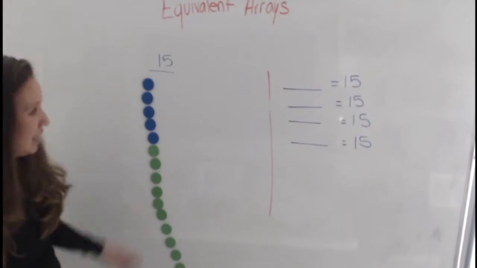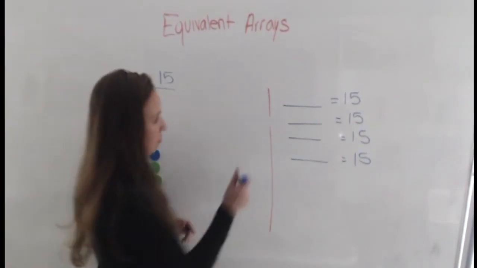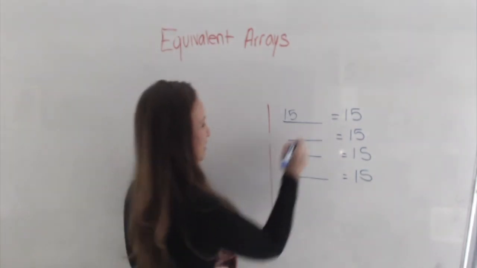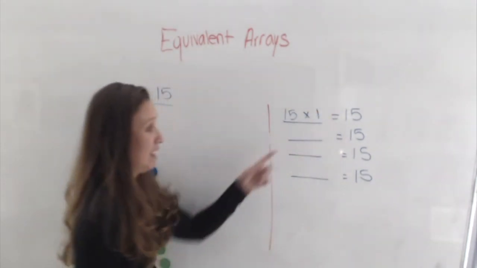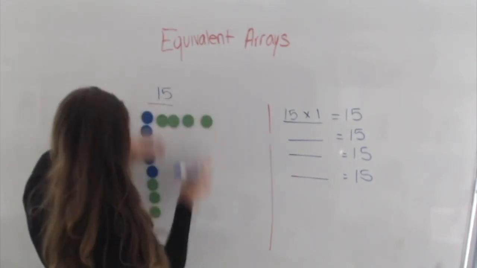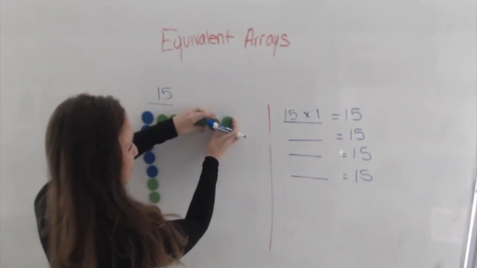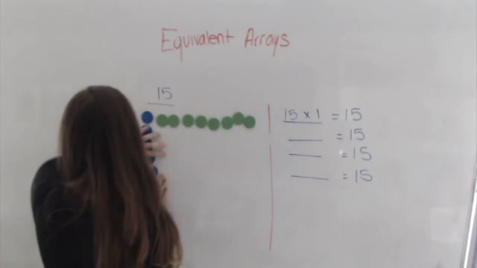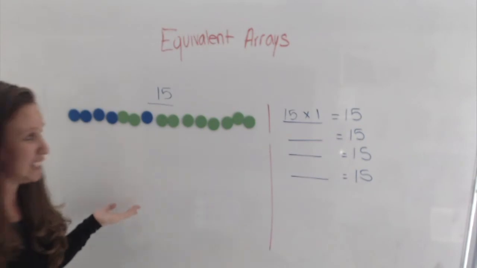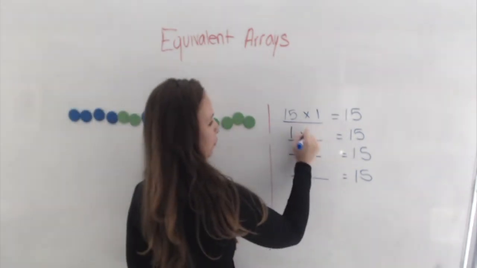So, how many rows did I have? 15. How many columns did I have? 1. And the next one, you can either scoot them all up and start counting that way, or realize I'm going to run out of space. So I'm just going to go like that. There we go. I used all 15. I have 1 and 15.